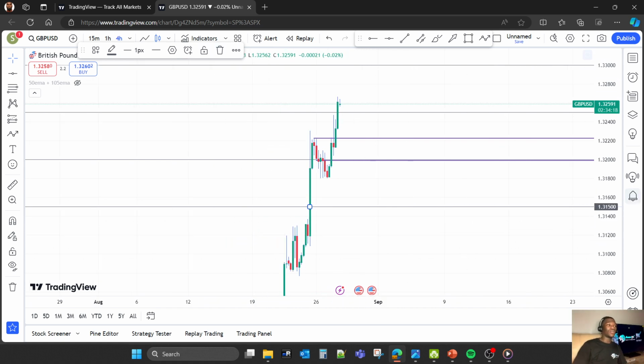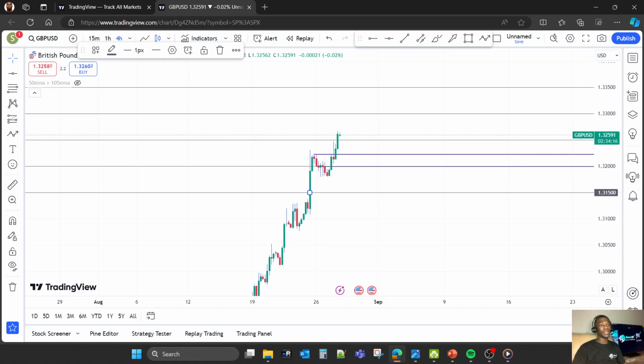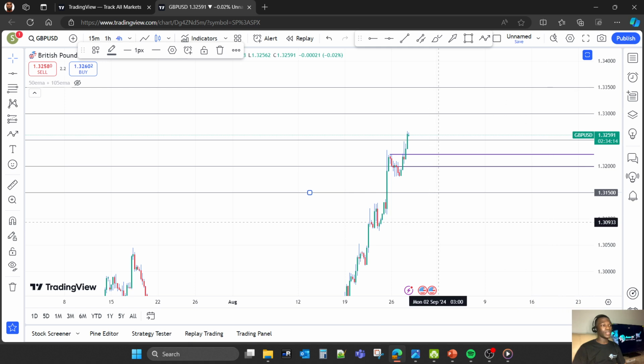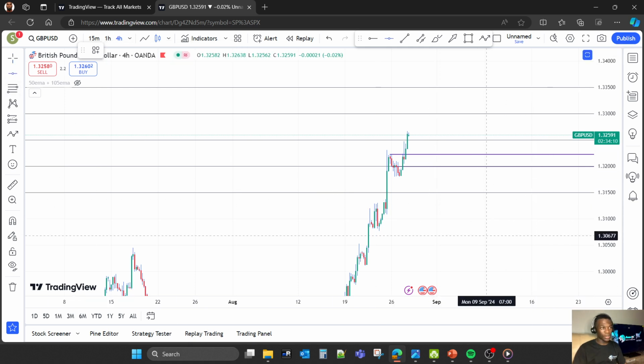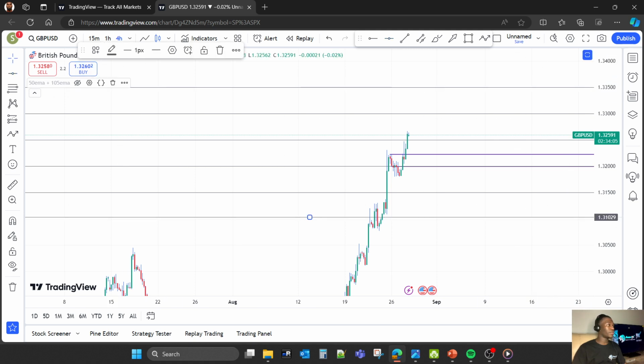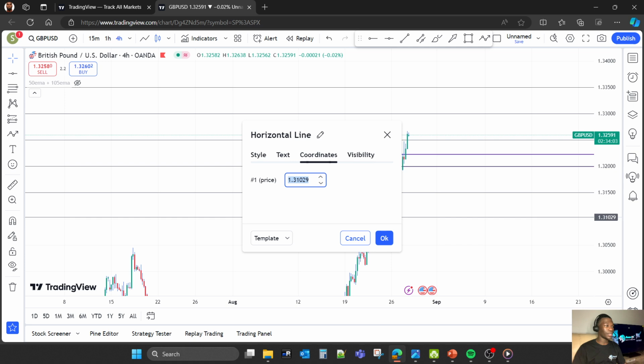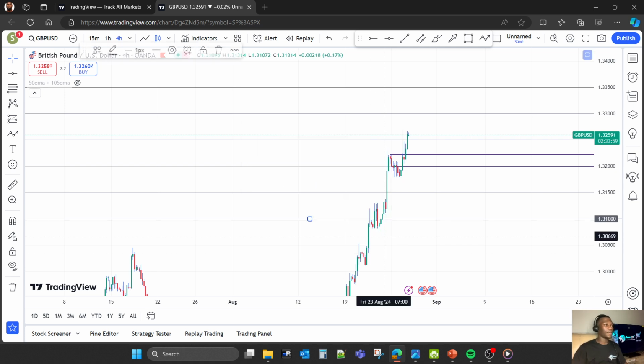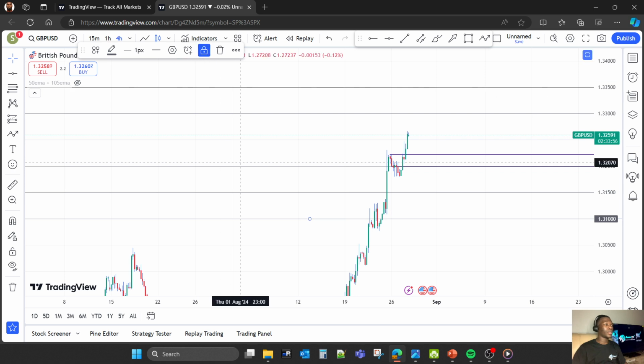Okay, after doing so, this is how my market looks. And then this is another cycle level again. Let's just plot it, which is 1.3100, 1.3100. Okay, something like this. Then I'll lock it again.